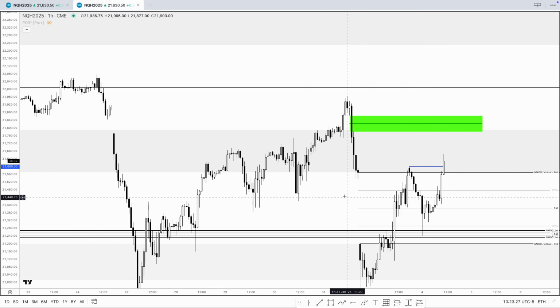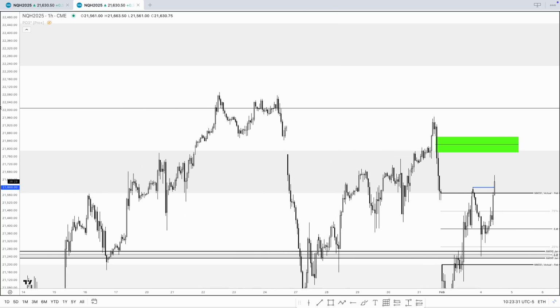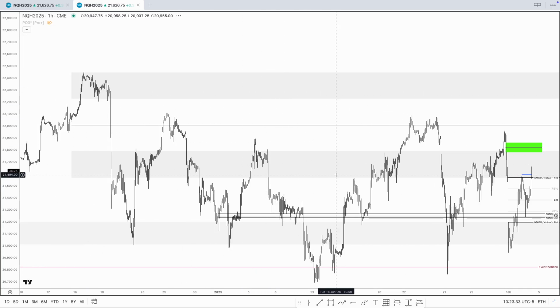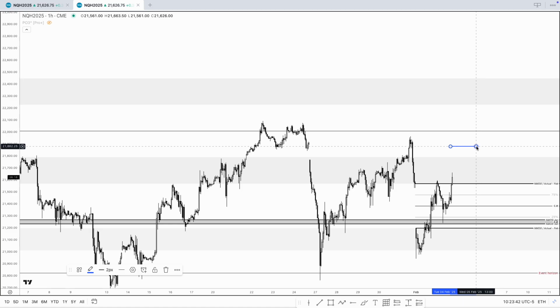Okay, so now when the next week is gonna open, if we have not reached the external liquidity, imagine, I don't know, that the next week, this is just an example, it's not like I'm anticipating from here.